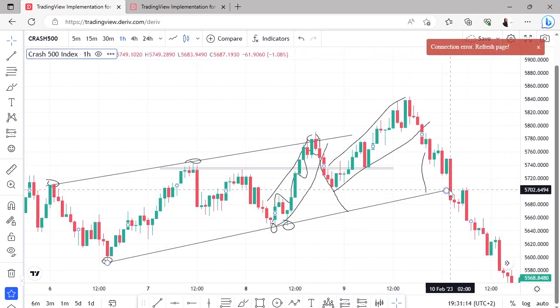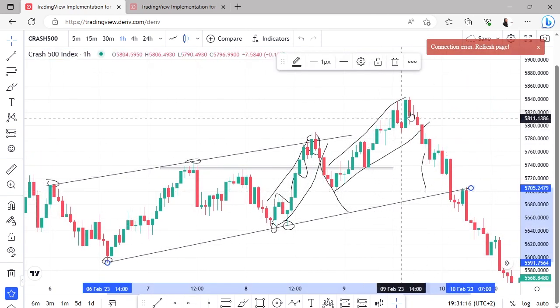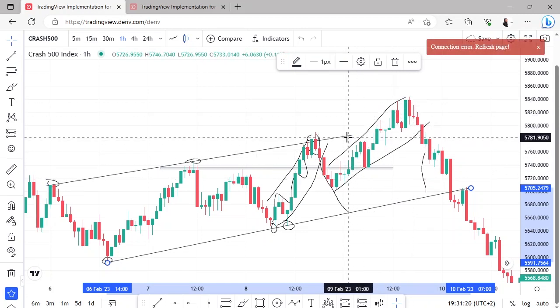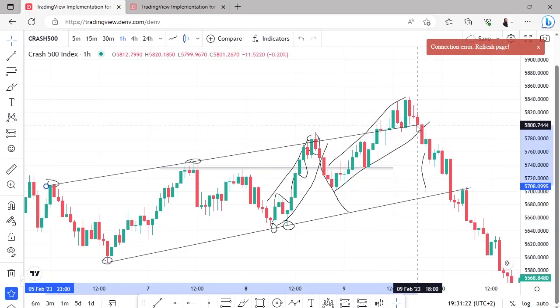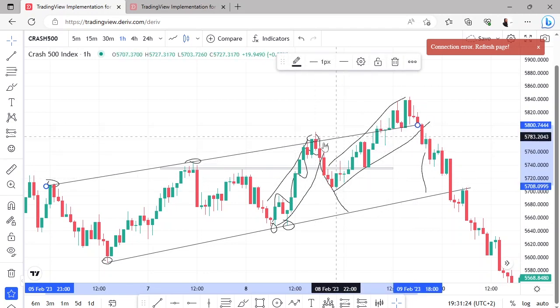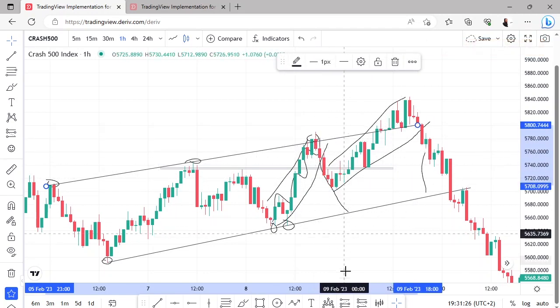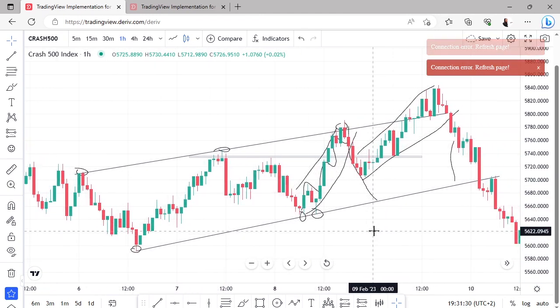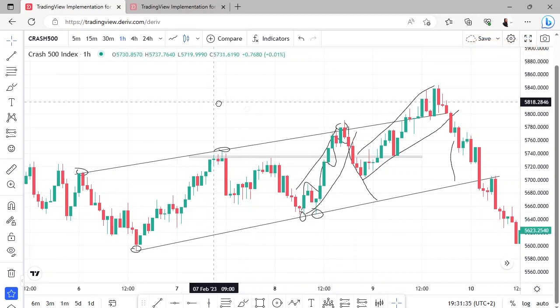It did, and it broke out. So remember, that's why I told you I prefer it to have a build up to our next touch. So if I would have got this here, I would have sold. So yeah, this is how you trade the diagonal trend lines.